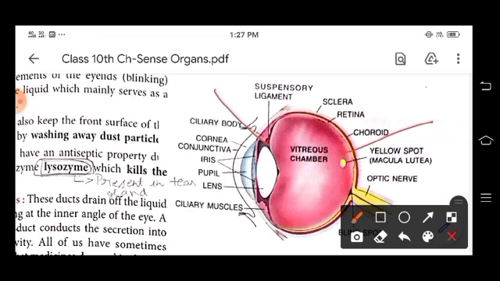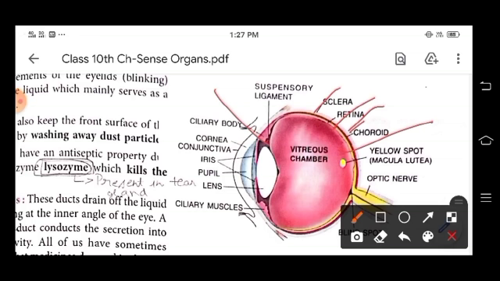Now the eye has 3 layers. The outer is the sclera, the middle one is the choroid, and the inner one is the retina. Now the sclera, in front of the eye, forms the cornea part, whereas the choroid forms the iris part, and the retina forms the inner part of the eye.